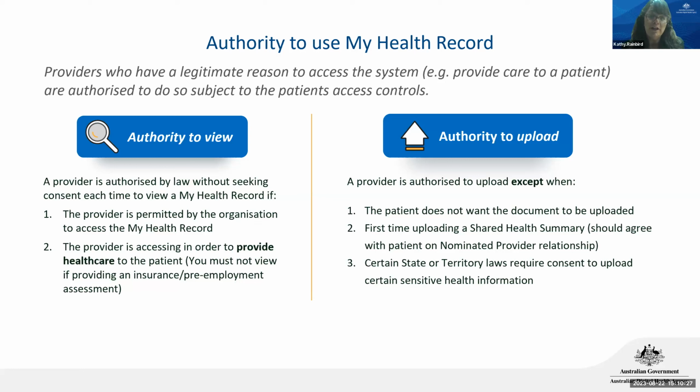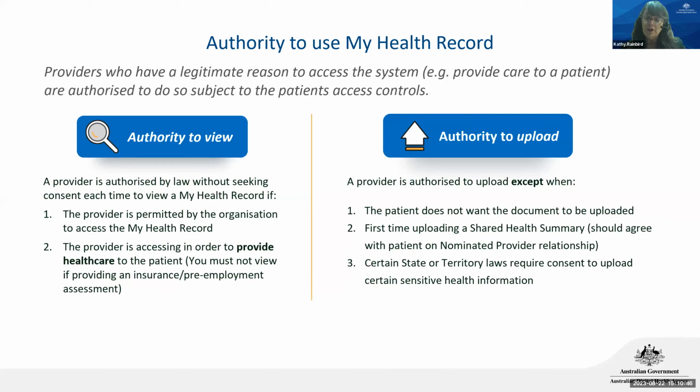So the authority to view is as long as your organisation is actually registered. So that would be your practice has to be registered to connect to the system, and you are providing healthcare to that patient. So you're not viewing for the purposes of insurance or employment assessment or so on.